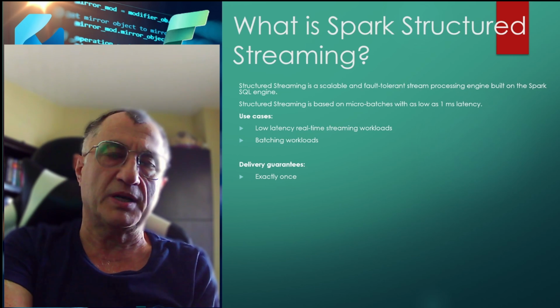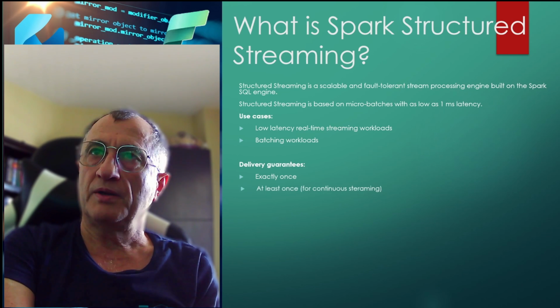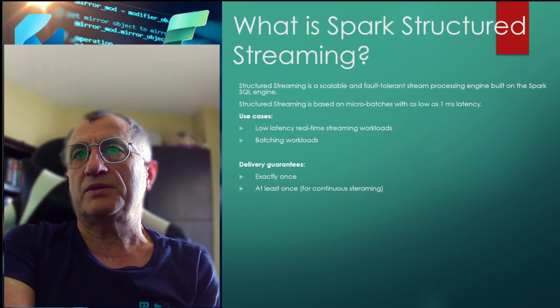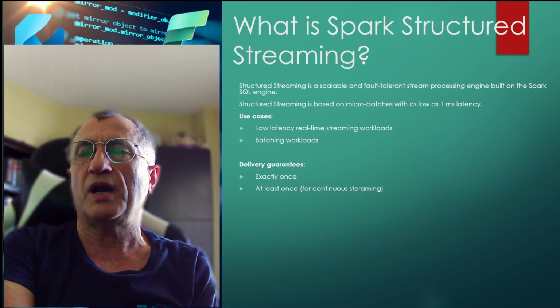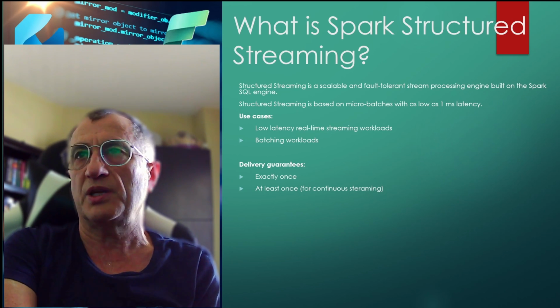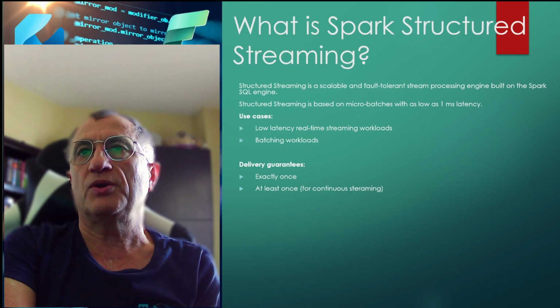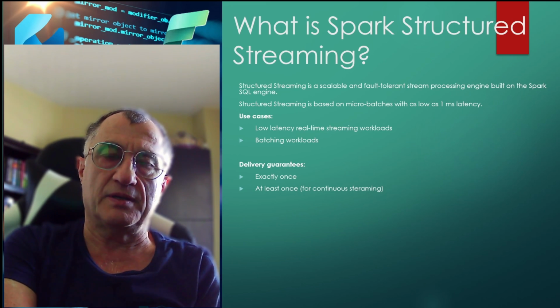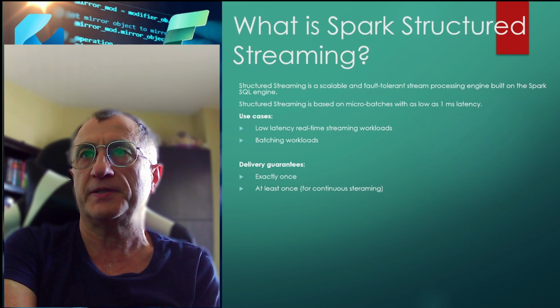So if you have one message in the source, you will see one message in the target. Another guarantee method is called at least once. It's more applicable for so-called continuous streaming, which is relatively new. It means that your messages will be delivered. However, there could be some duplicates in certain cases.